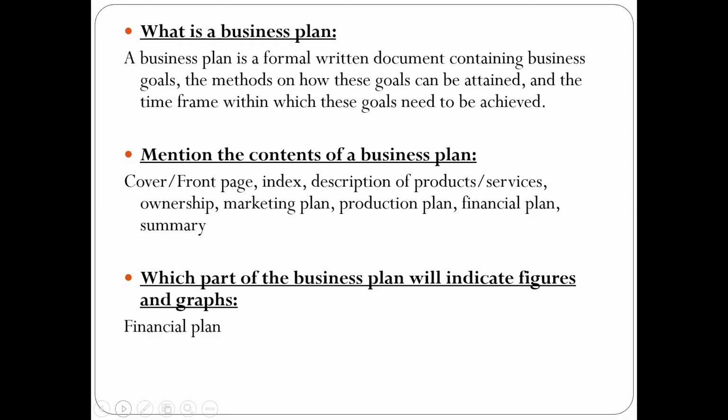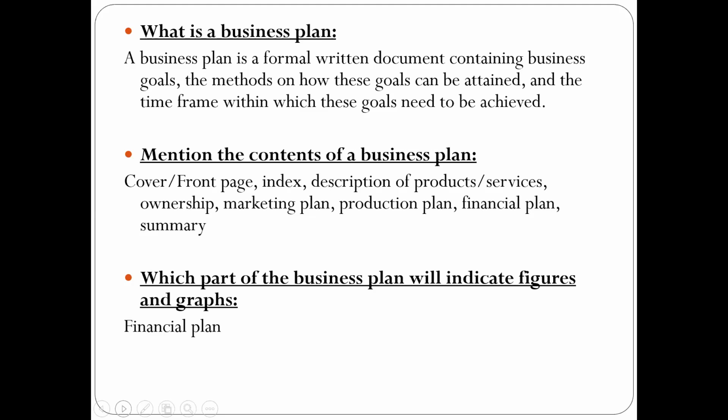If you put something about a written document, that will be good for 1 mark, containing business goals, the methods on how these goals can be attained, and the time frame within which these goals need to be achieved. If you have something about the goals or the financial position of the business, then you can give yourself another mark. So 2 marks there for question 1.